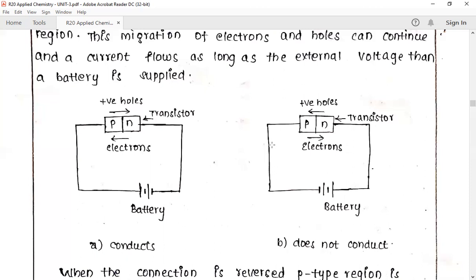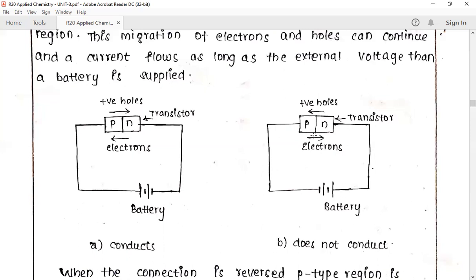Current is flowing in this direction and the holes are attracted towards this direction. That means holes are moving in the opposite direction to that of the current. And in the same way, the electrons are attracted towards the positive voltage. The positive voltage is here, so the electrons are moving in this direction.